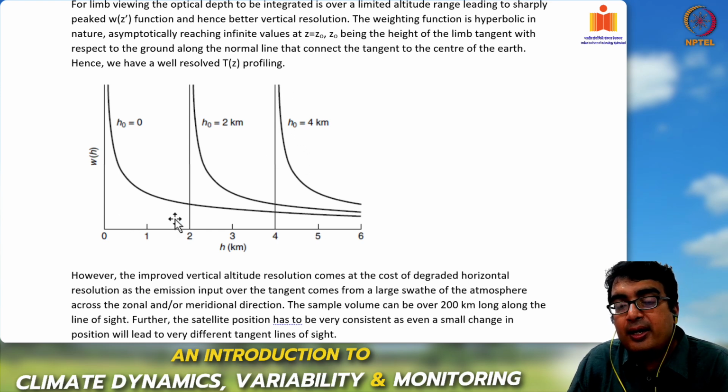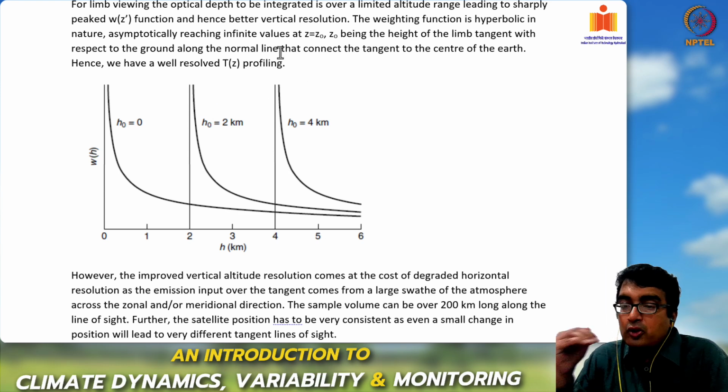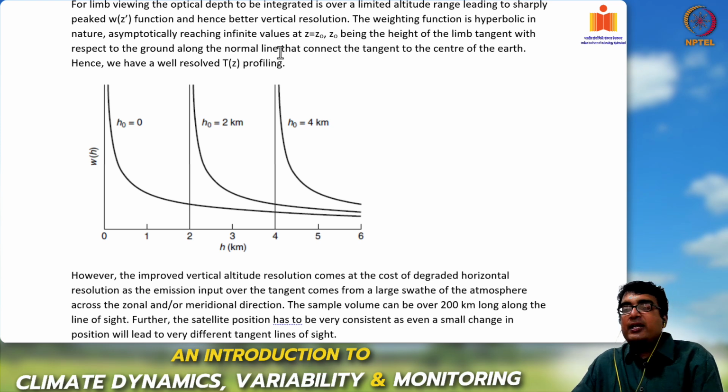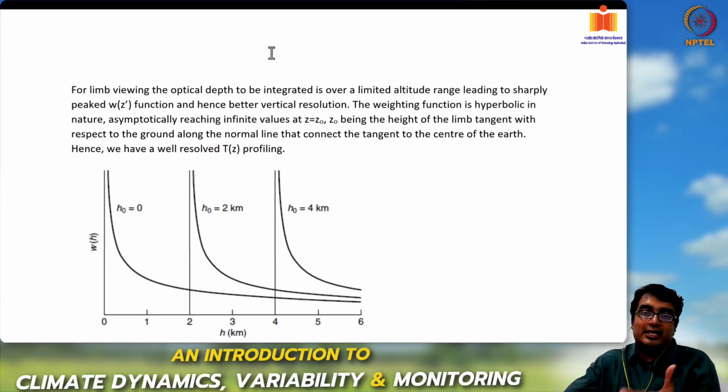So you have most of the temperature contribution from 2 kilometers here, from 4 kilometers here. So by this limb technique, we can actually get atmospheric emission profiles with very good vertical resolution. So that's the main advantage, and this is what has been shown here.